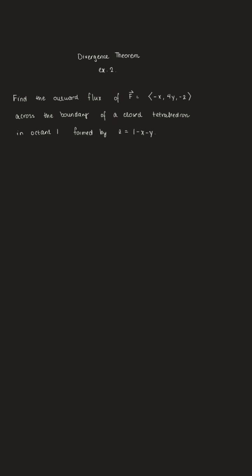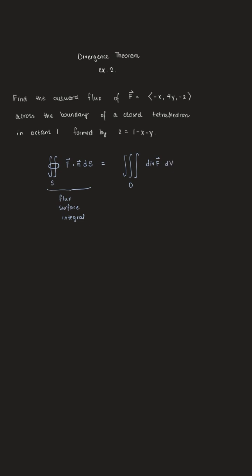The divergence theorem says that the flux surface integral over a closed surface, so we could use this symbol to say our surface is closed, can be computed by adding up the divergence at every point inside the enclosed region. So our enclosed region might be region D, and we calculate the divergence of the field throughout the region.